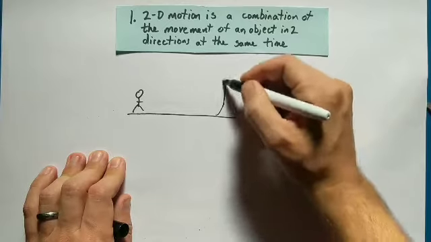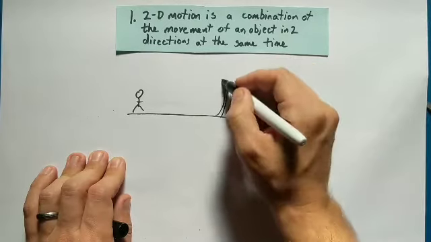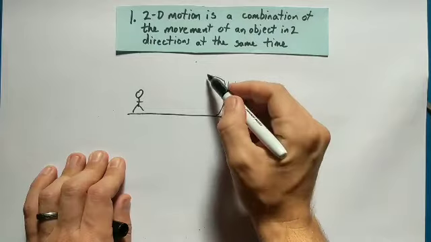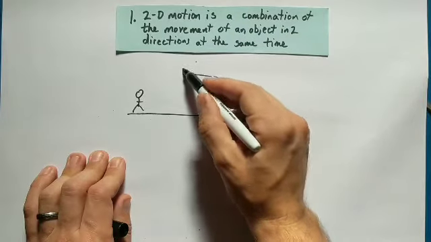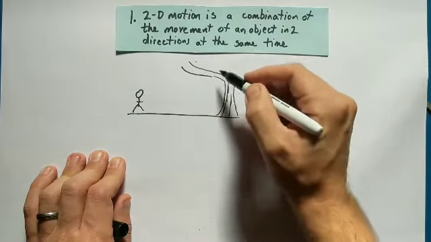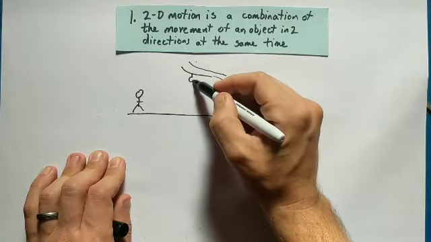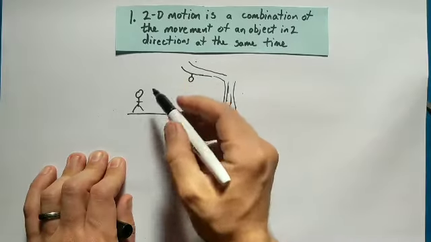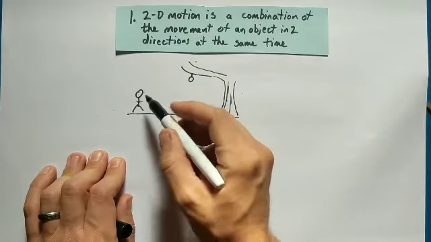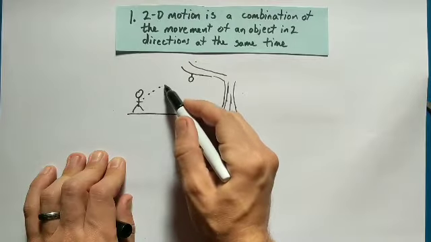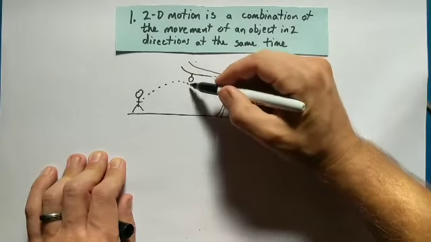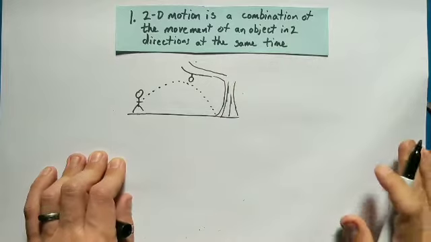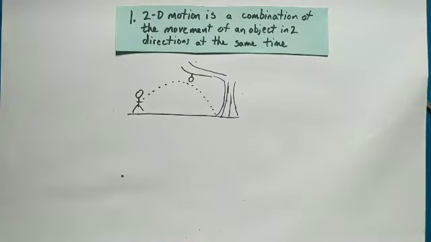So here is our tree, and off of this branch, it's a big mango tree, off of that branch that comes off, you see a mango hanging. And so you take a rock, and you throw that rock, trying to hit that mango, and it follows this path, and it goes and falls all the way back down to the ground. So, you tried to hit your mango, but you missed. You were a little bit short.